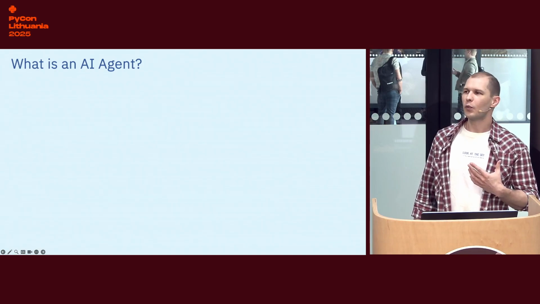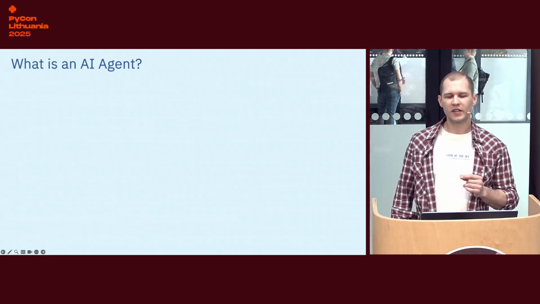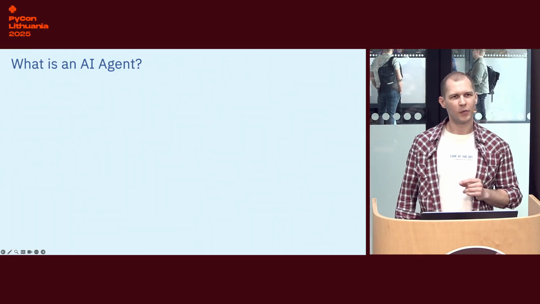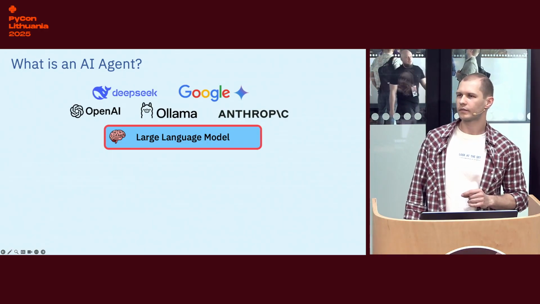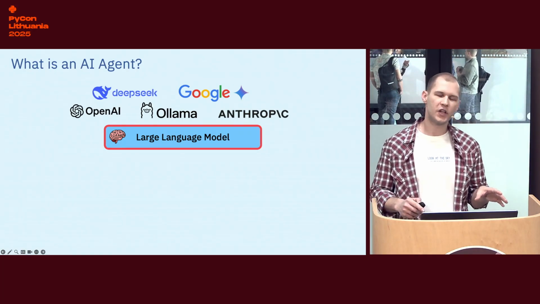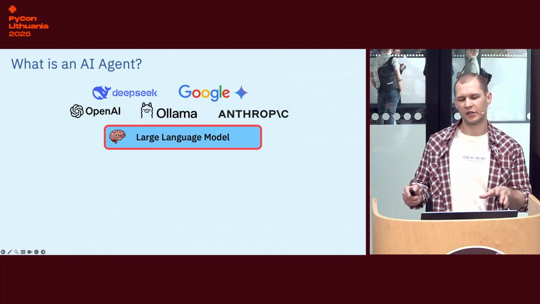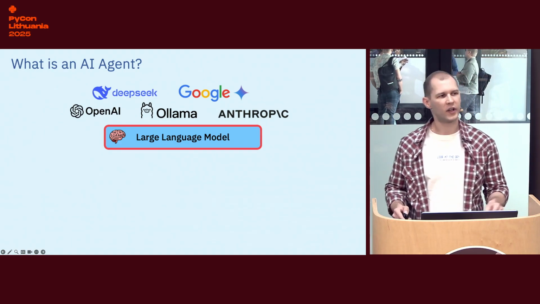If we look from a high level perspective, an AI agent consists of three major components. First, we have a large language model, which is an AI model that is capable of generating text very intelligently. And this model serves as the brain for the AI agent.